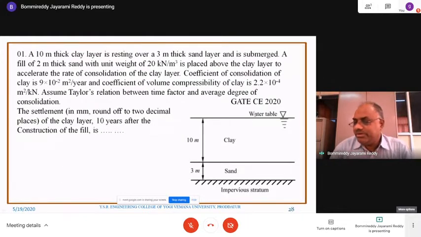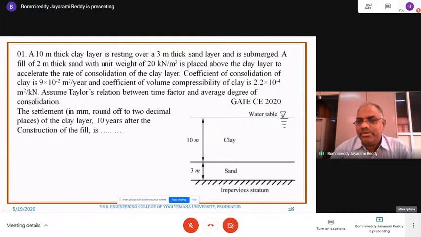It's a very recent question, GATE Civil 2020 examination. A 10-meter thick clay layer is resting over a 3-meter thick sand layer and is submerged. You can look at the 10-meter clay layer resting on the 3-meter sand layer, and it is completely submerged.